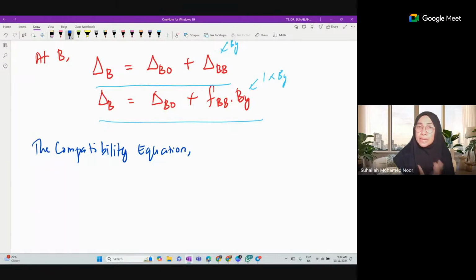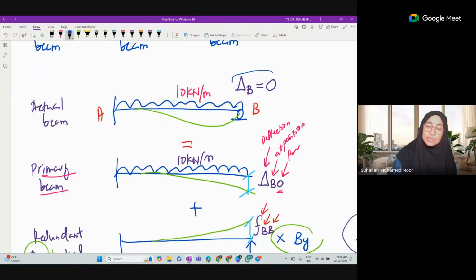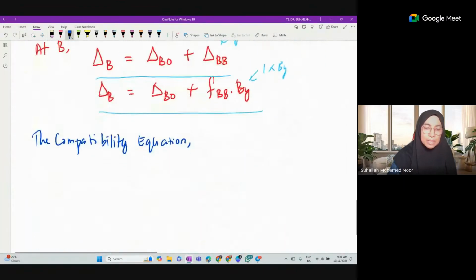Okay, since delta B is equivalent to 0, it means that we can change position, because normally we write something equals to 0, right? We do not write 0 equals to something. So we change position.